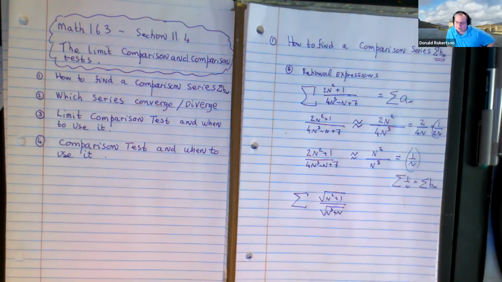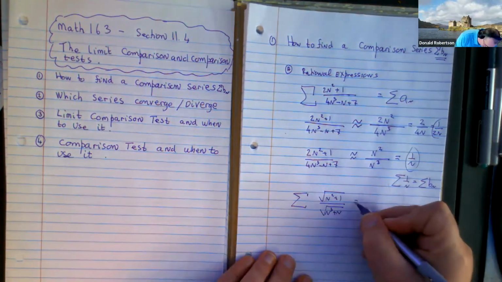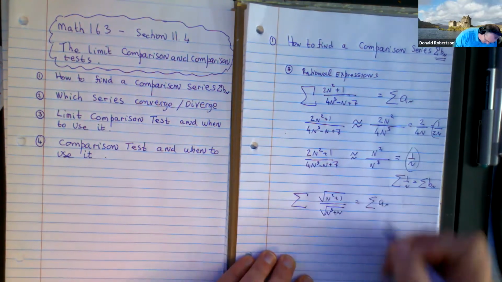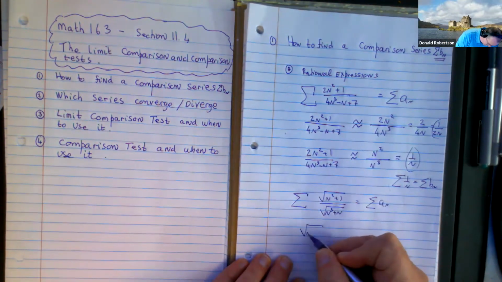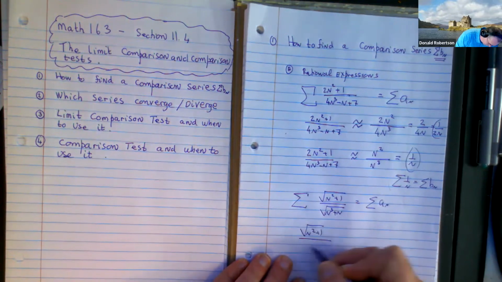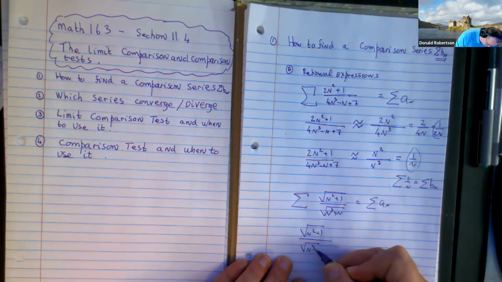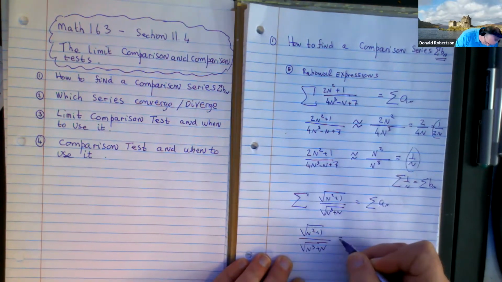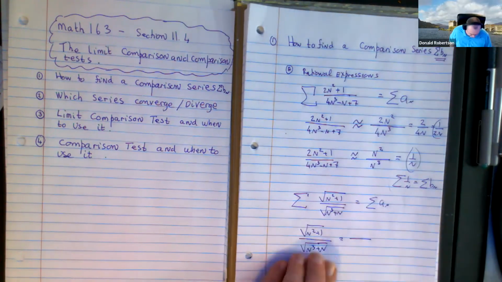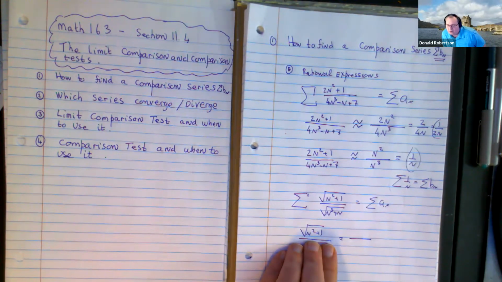Let's suppose I was wanting to do that. That's my sigma a_n. Then I take the square root of n squared plus 1 on the top, and the square root of n cubed plus n on the bottom. And let's do the surgery on it. What would the square root of n squared look like if you got rid of everything except the highest power of n?